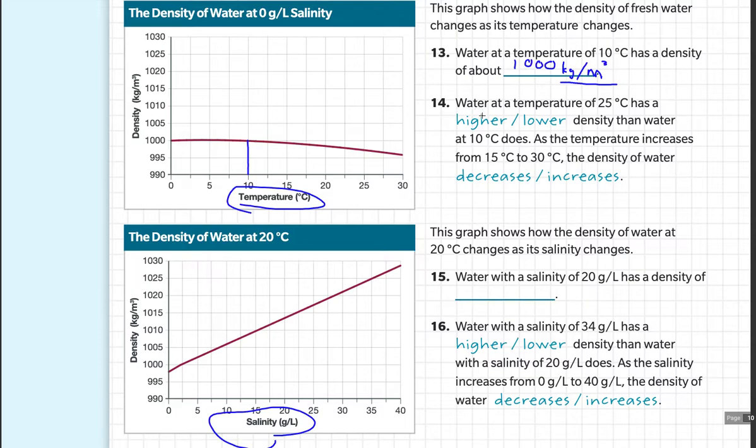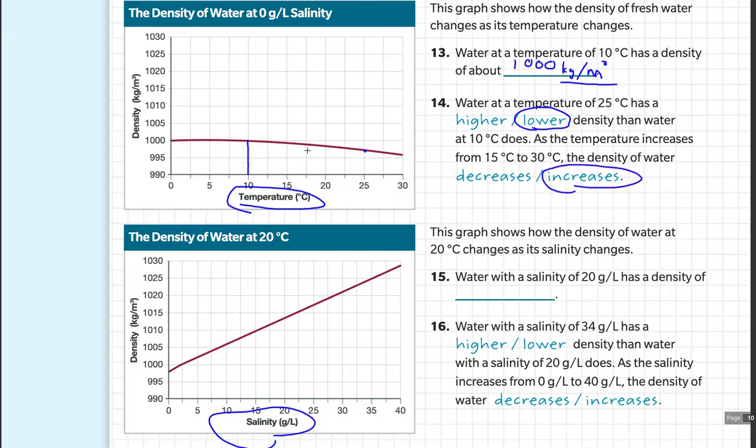Question 14. Water at a temperature of 25 degrees has a higher or lower density than water at 10 degrees. So here's 25, and it's right here. And this density is lower. So 25 degrees is lower. As the temperature increases from 15 degrees to 30 degrees, the density of water increases.